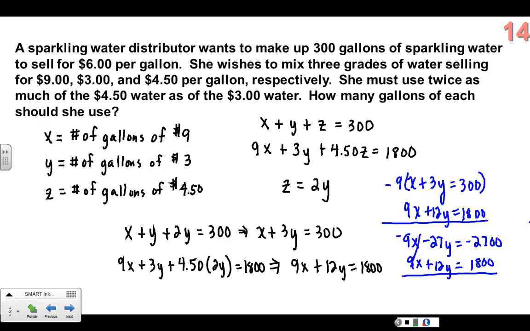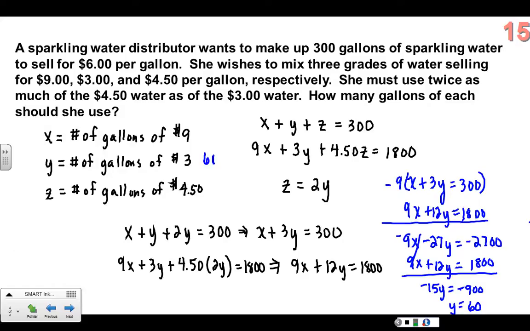The 9x's drop out. I'm left with -15y equal to -900, it looks like. So y equals 60. So we're going to use 60 gallons of the $3 water.